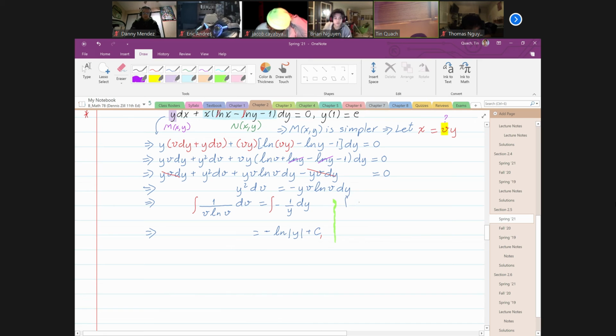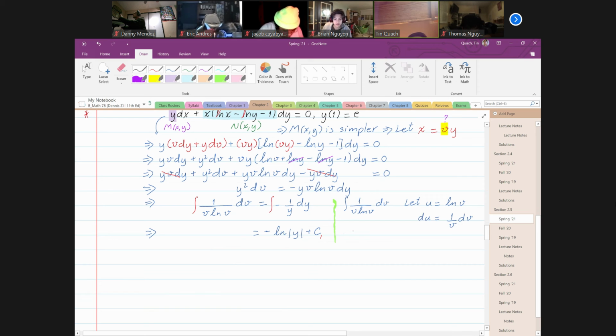U sub. Okay, what kind? U equals ln v. So then you let u equals ln v, and then du equals 1 over v dv. Good.